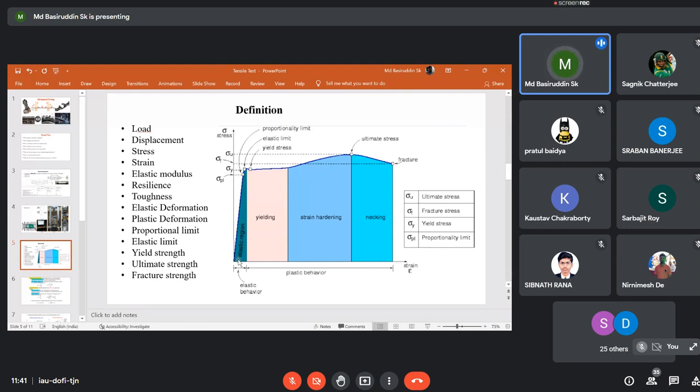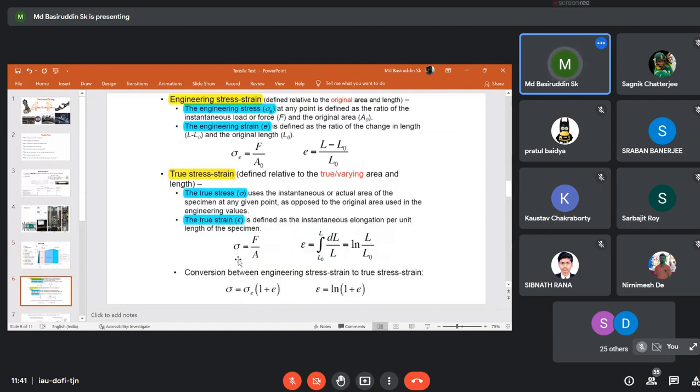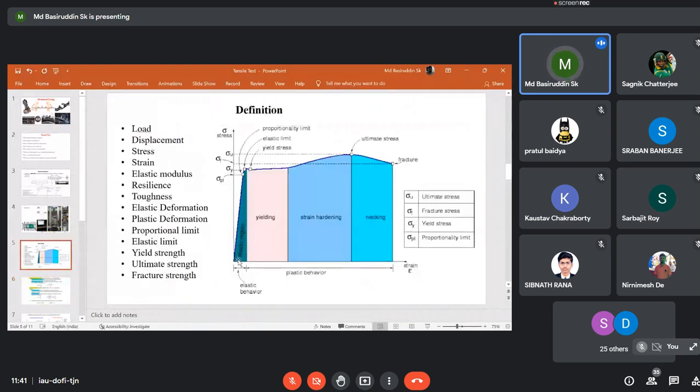This reduction happens due to the stretching of the specimen. If you are able to measure that reduced cross section at each time frame, then you are able to find the true stress of the material, from stress equal to 0 to the fracture stress, and then you can represent the data.